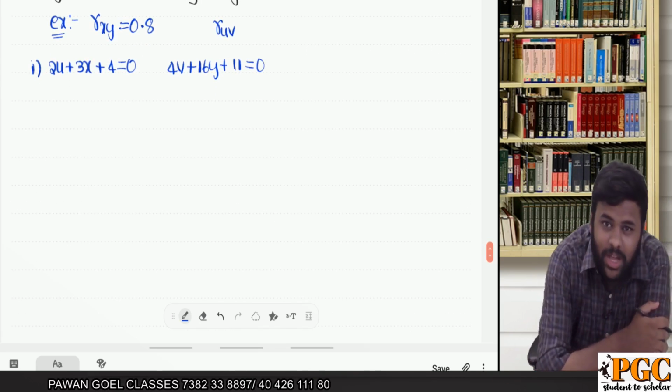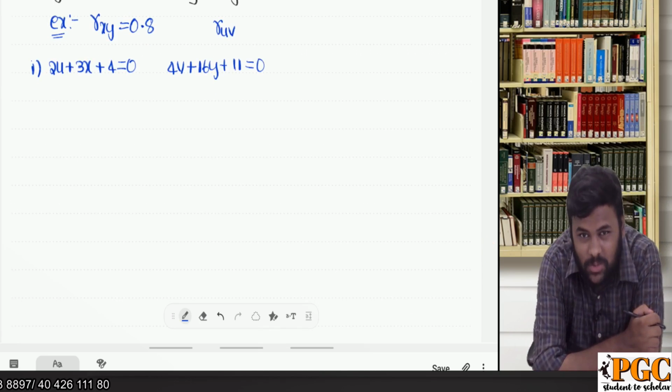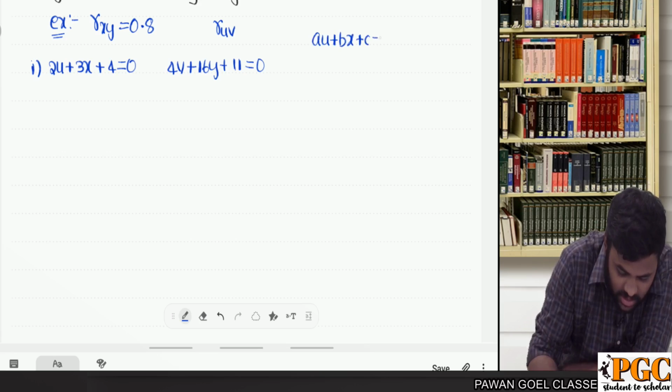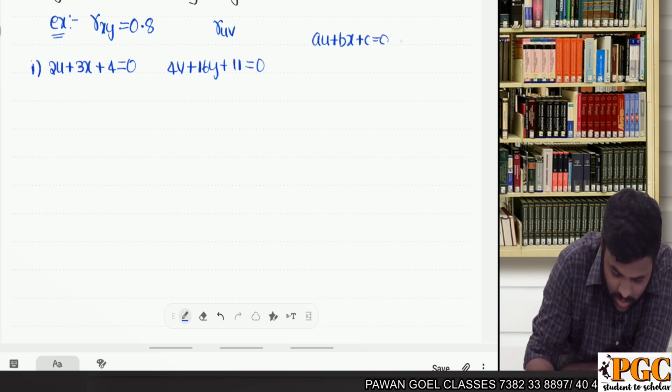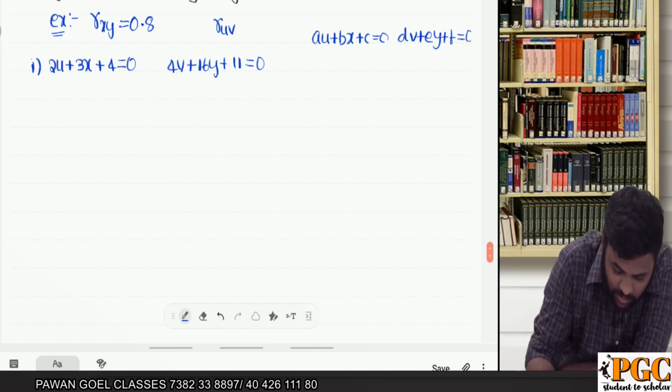Convert them into this format: au plus bx plus c is equal to 0, and dv plus ey plus f is equal to 0.